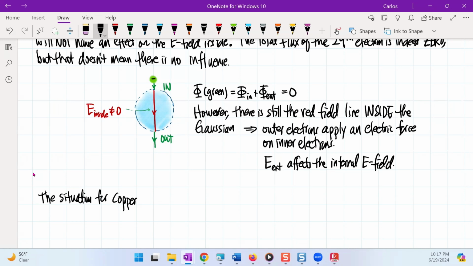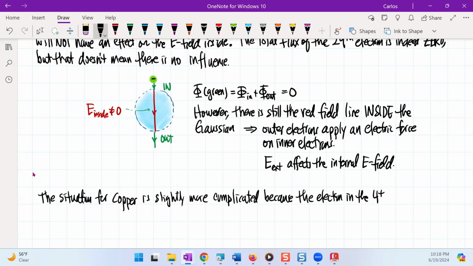The situation for copper is slightly more complicated because the electron in the fourth shell is in a spherically symmetric orbital.